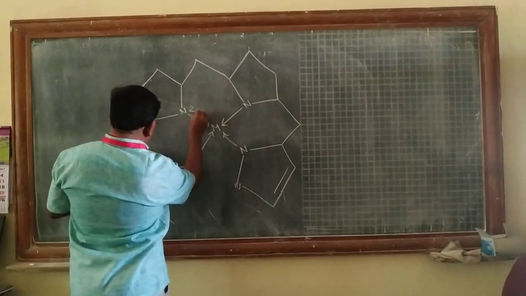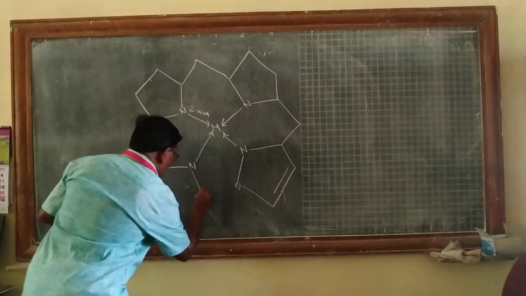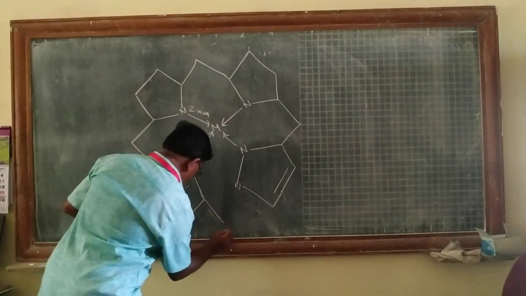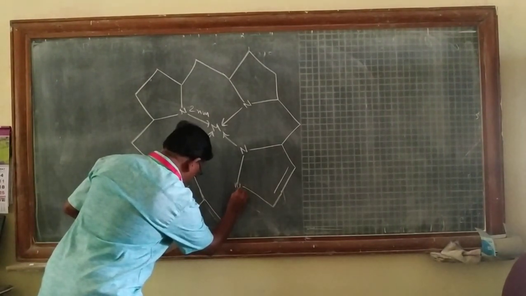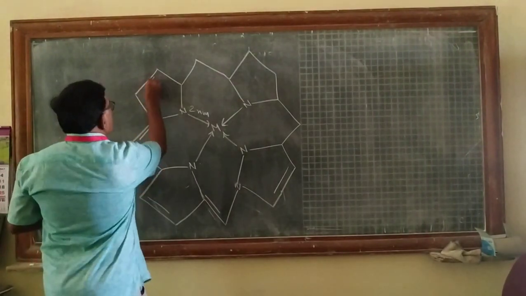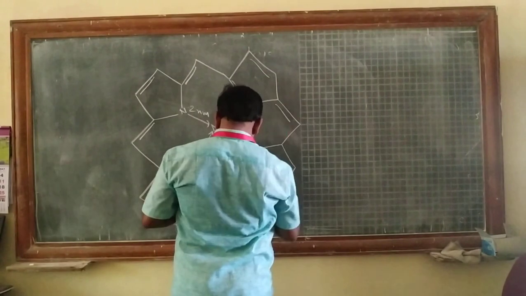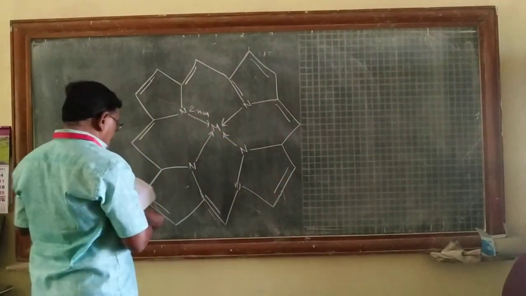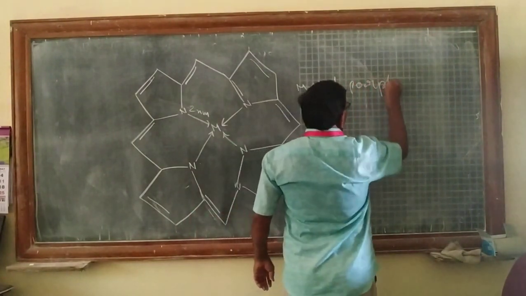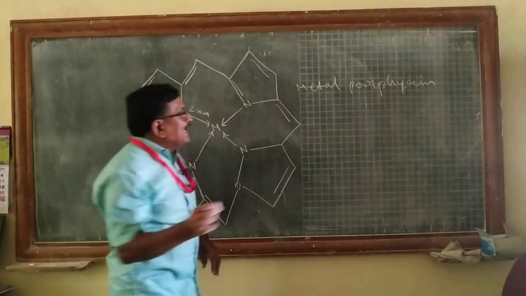This distance is 2 nanometers. So this is called a metalloporphyrin. Metalloporphyrin ligand complexes.